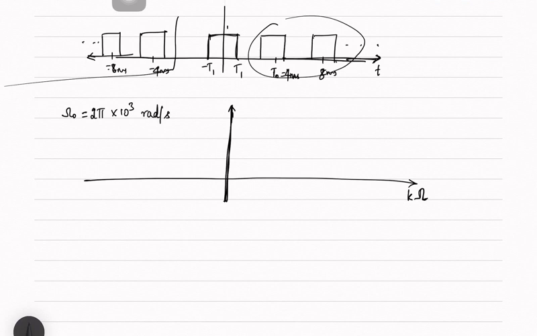So let's call the new period T naught dash. So omega naught dash becomes 2 pi by 4 milliseconds, which is nothing but pi by 2 into 10 raised to 3 radians per second.